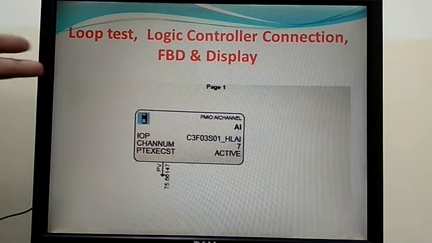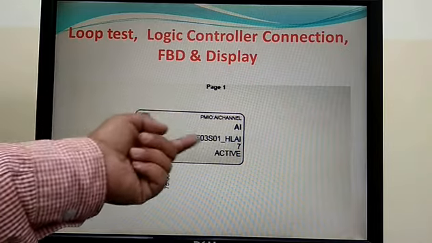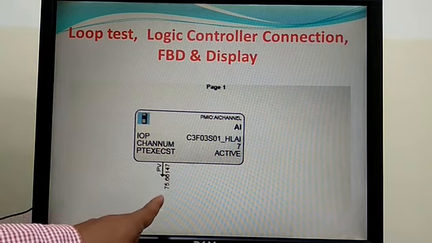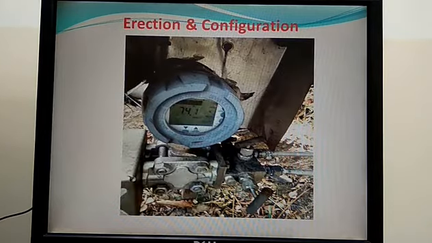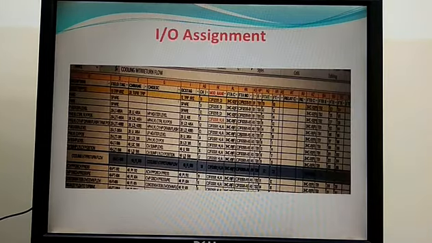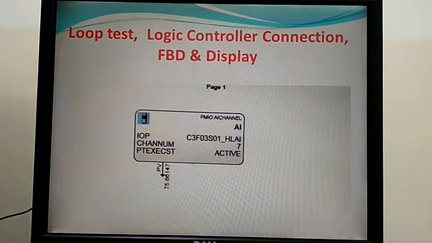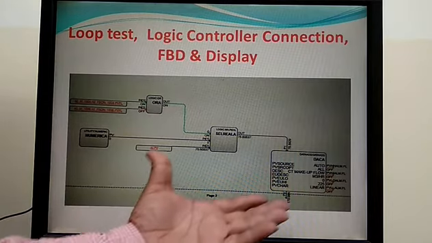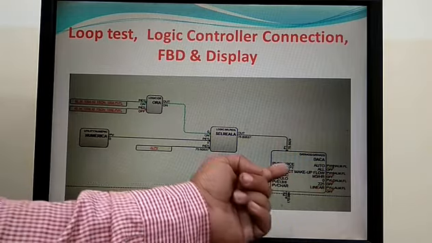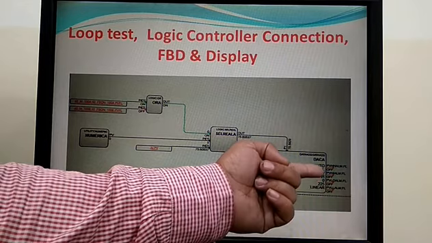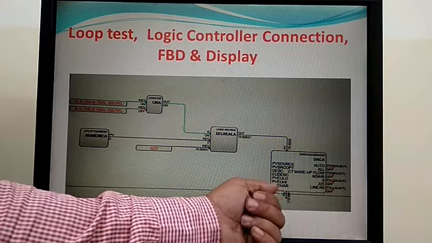You see what raw value it is sensing from the field, and after processing in this block, this is providing the process value 75.66. If you see my slide, this is 74.1, and the process value I am getting is about 75.6. This is the process value, and this is the inbuilt logic for data acquisition and control, where you have to give the flow name, unit, and this is the linear flow PV characteristics.